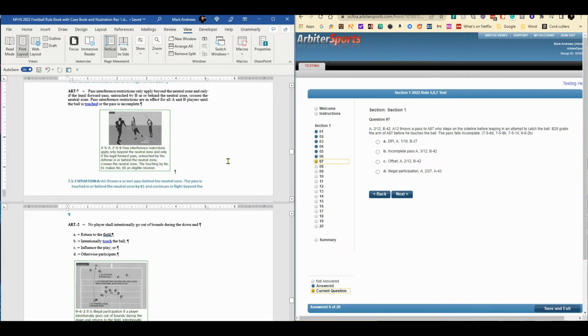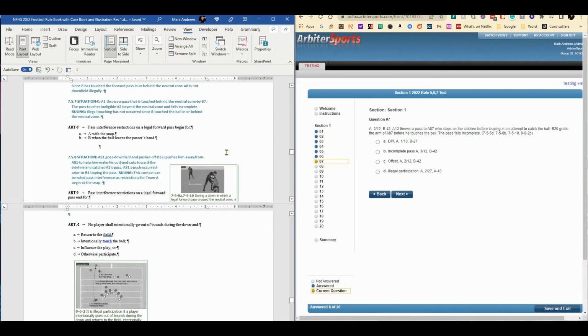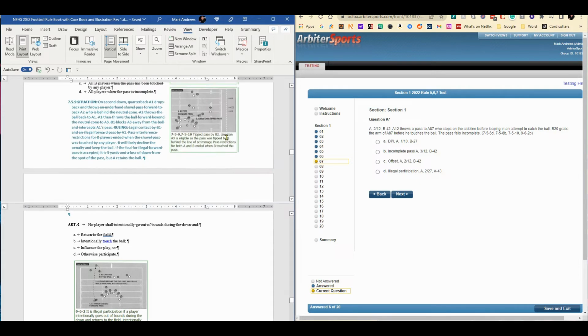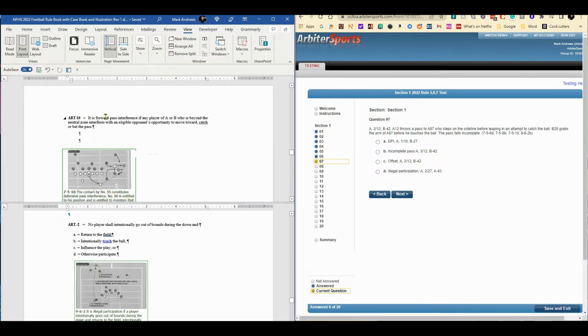And then 7-5-8-B says pass interference restrictions on illegal forward pass begin for B when the ball leaves a passer's hand, which we have here. 7-5-10 says it is forward pass interference if any player of A or B who is beyond the neutral zone interferes with an eligible opponent's opportunity to move toward, catch or bat the pass. So that tells us that B has committed defensive pass interference.